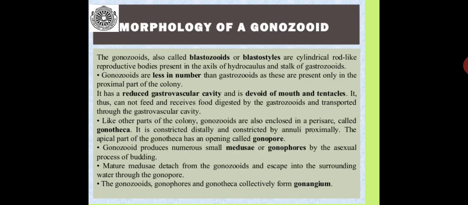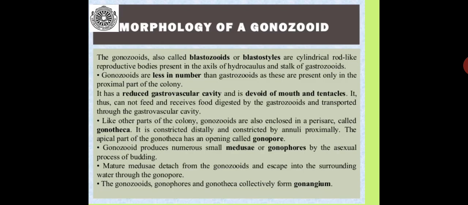It has a reduced gastrovascular cavity and is devoid of mouth and tentacles, which are not required as it is reproductive in function.